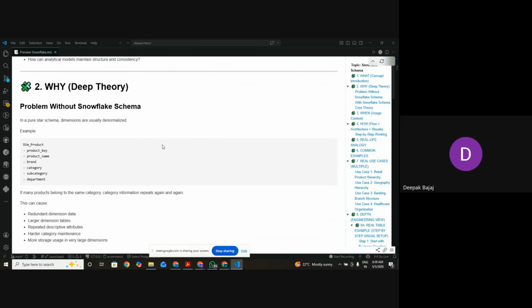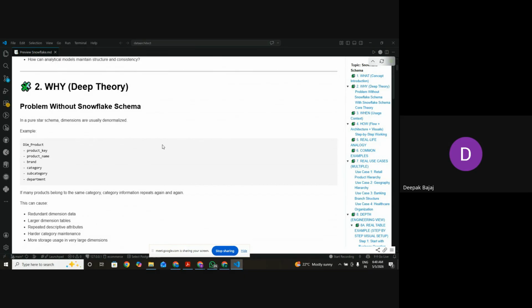For that, we require a schema as per the requirement or demand. From our dimension table, we will create a specific small dimension table representing a specific dimension.